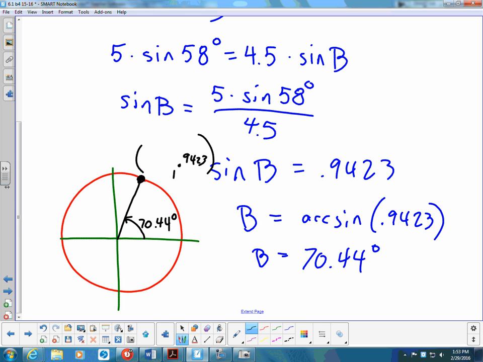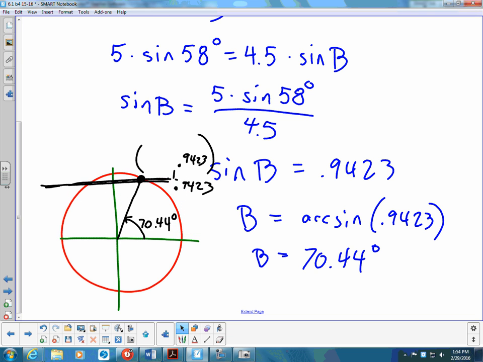You with me? Is that the only angle between 0 and 360, or between 0 and 180? No, it's not. Where's the other one? What quadrant would it be in? Quadrant 2. So in other words, this height line is the height of 0.9423. Here's a height of 0, 0.5, 0.6, 0.7.